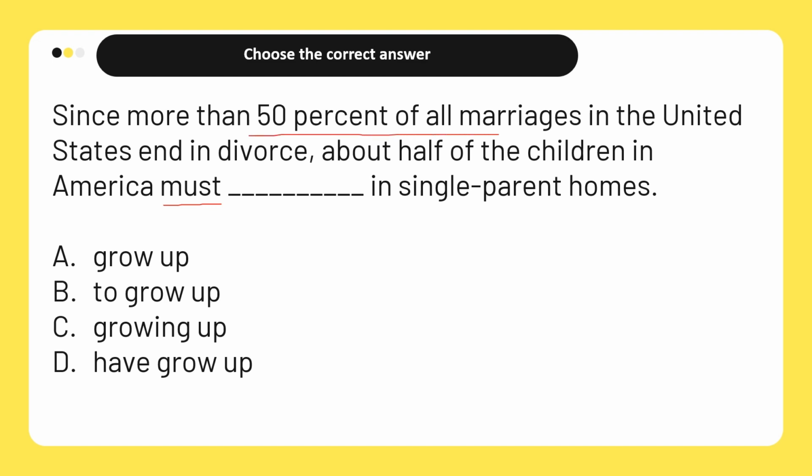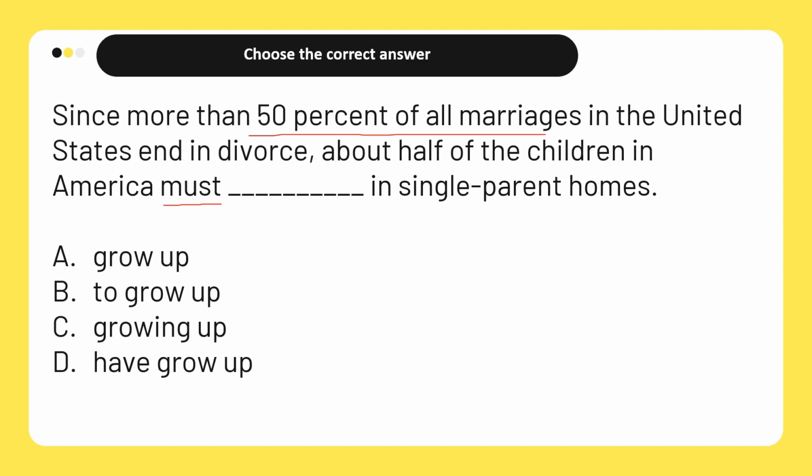When we talk about data, it's something general, and it can repeat again and again. So here we can tell that must is for something that repeats. People keep divorcing.